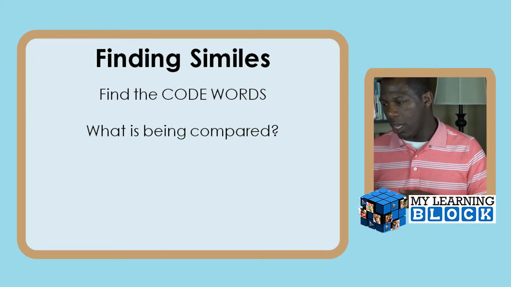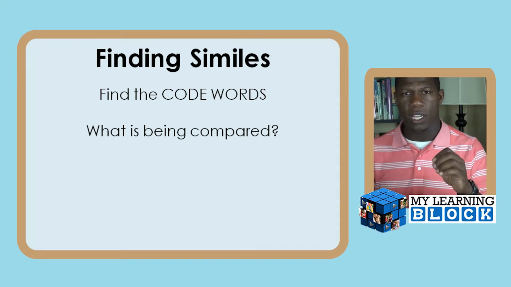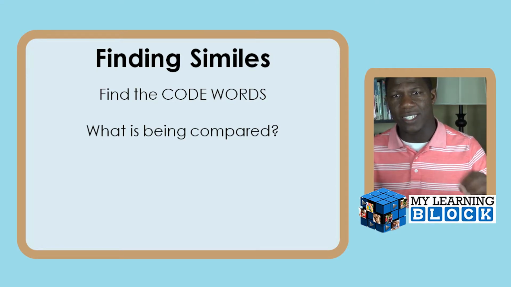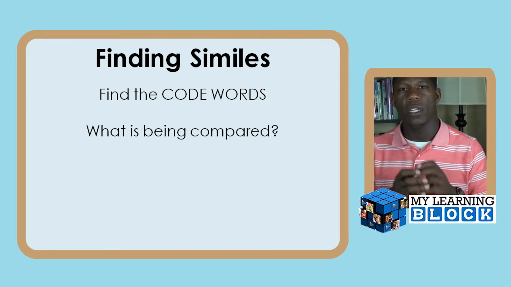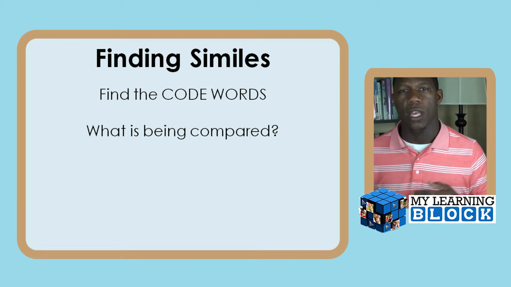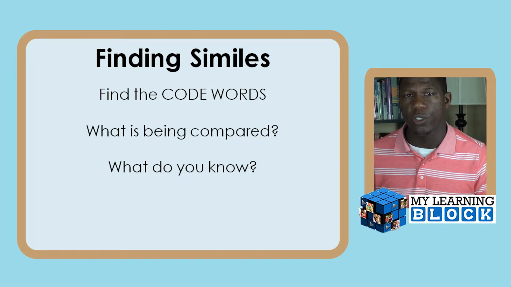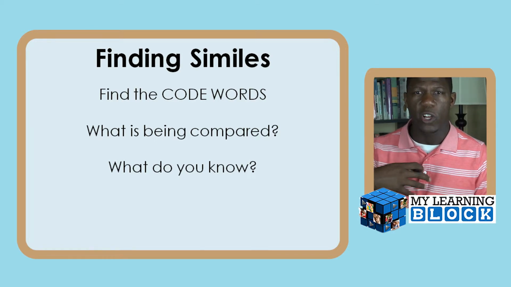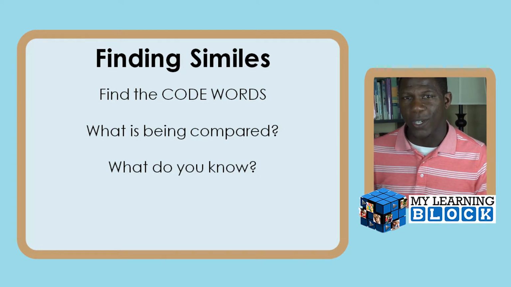You also want to think about what is being compared. What is being compared to what? And does it make sense? Because if it makes sense, then it usually is a simile, because you're comparing the likeness of two different objects. And then last, what do you know about this? You always want to internalize the information: what you're learning, what you need to know, and what you have already learned.